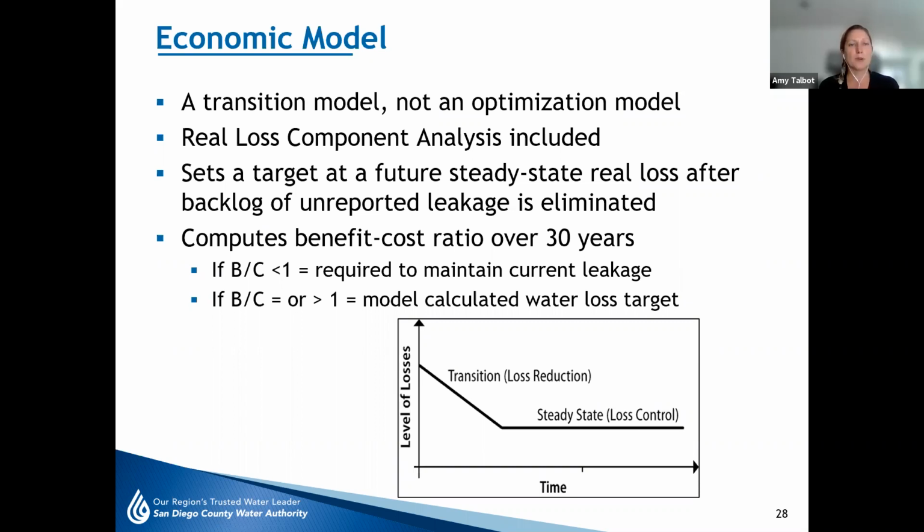So if your benefit cost ratio according to the model is less than 1, you are required to maintain your current leakage. If your benefit cost ratio is equal to or greater than 1, meaning your costs balance your benefits or your benefits outweigh your costs, then the model goes into a step 2 and calculates a water loss target for you. So you're fitting into one of those buckets. It's like the decision point. Next slide, please.